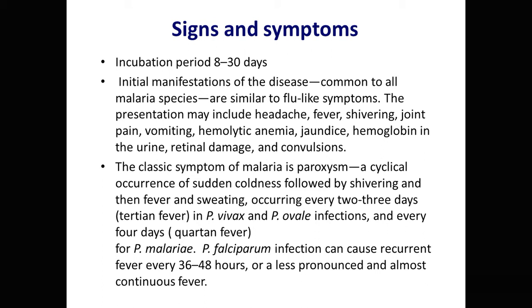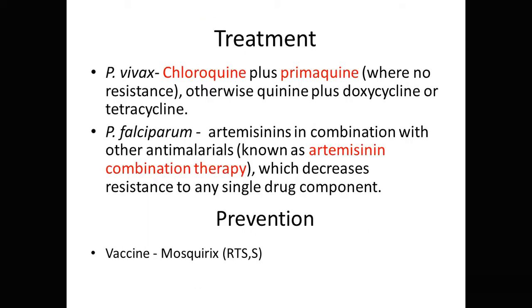It can occur every 2 to 3 days in Plasmodium vivax and ovale, and every 4 days in Plasmodium malariae, while Plasmodium falciparum has almost continuous fever, and that's why it has a more severe outcome.